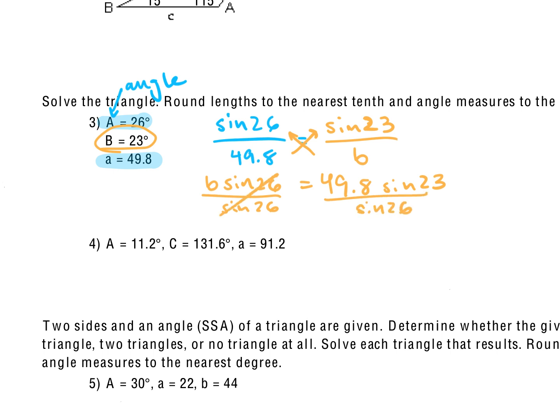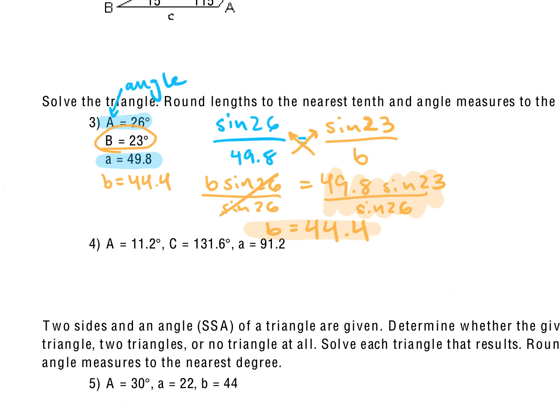So we're going to put this into our calculator. So for B, we get 44.4. What would we do next? Find angle C. How would we find angle C?